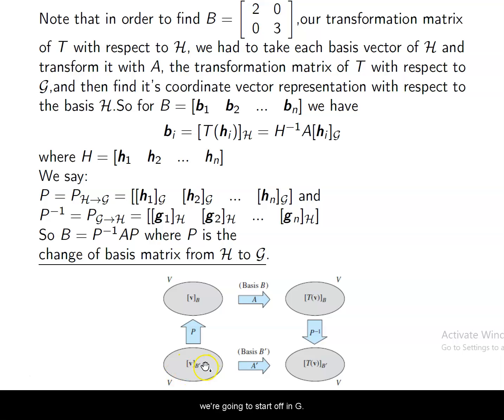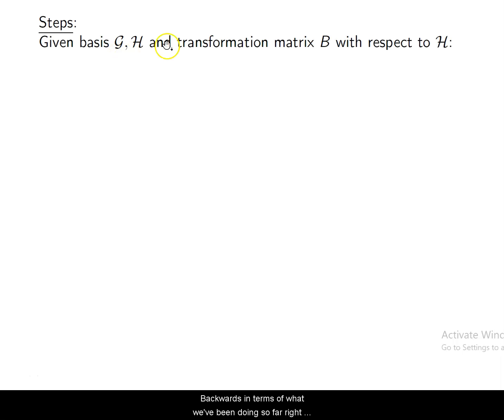We're going to start off in G, go into H. Since we have B and not A, we're going to change into the world of H, and then once we have our result in H, we can change our basis back into G, right? And that's because of what we're given. We're given B here and not an A, right? If we had both, we could just do both. So we're going to be a little bit backwards here in terms of what we've been doing so far, right?